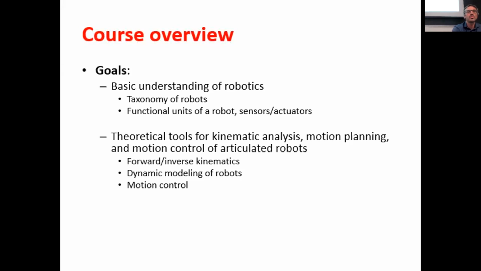We need a model of the robot because then our controller is more performant. It is able to provide a control action to the actuators that takes into consideration the dynamics of the robot, so it will be more able to create a very fast motion and be more accurate.